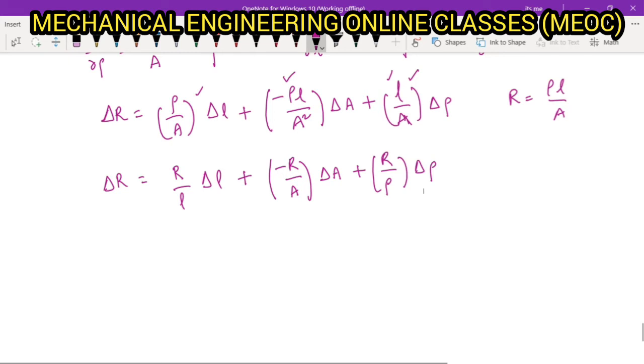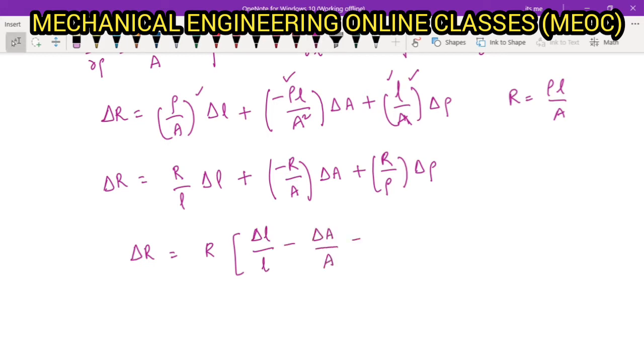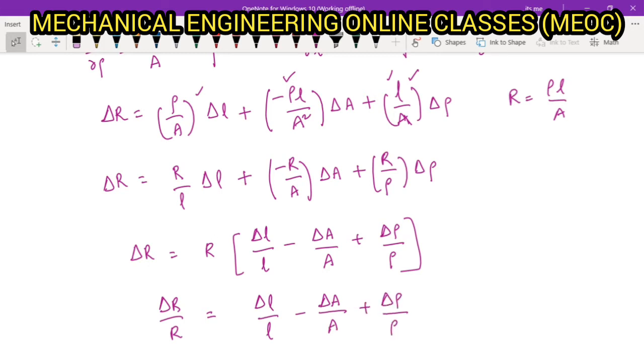Now I will take R as common from the right hand side: R into delta L by L minus delta A by A plus delta rho by rho. So I can write delta R by R is equal to delta L by L minus delta A by A plus delta rho by rho.